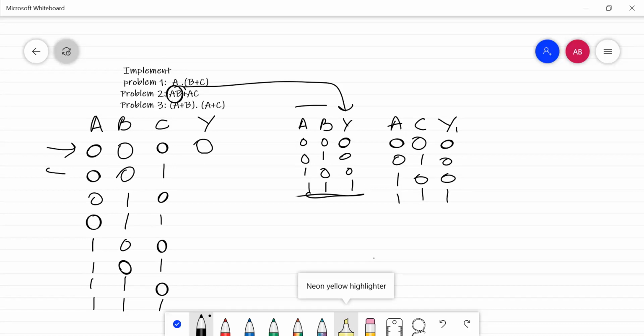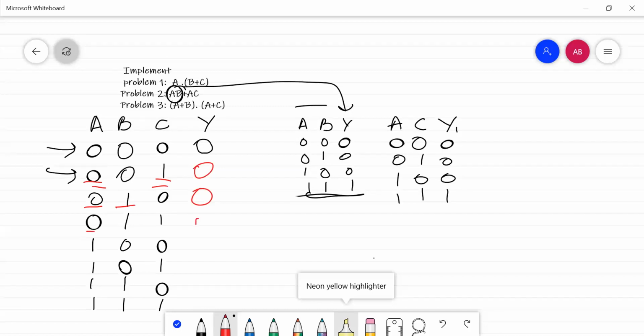Similarly, when my AB is 0 but my AC is 0, 1, then the output will be 0, because AB is going to give me 0 and 0, 1 is going to give me 0. So the output will again be 0. Similarly here also, and similarly here also, output is 0.